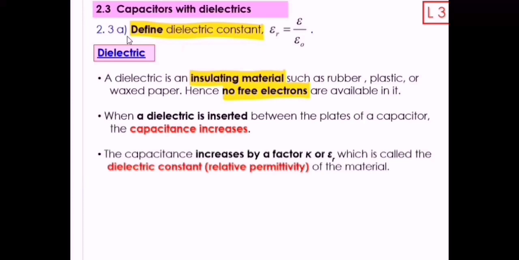So when a dielectric is inserted between the plates of a capacitor, a capacitor looks something like this, so the dielectric would be inserted here. For example, we have something inserted here, which is the dielectric.